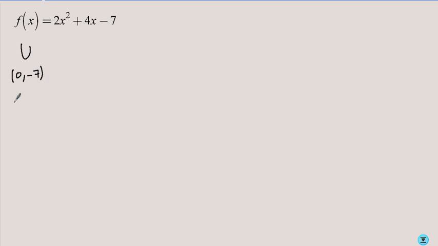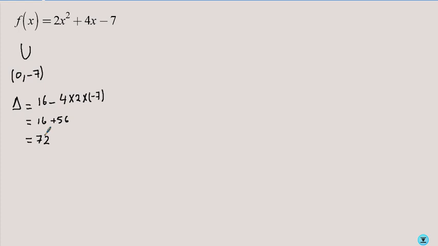We test for the discriminant, and this is b squared, which is 16, minus 4 times a, which is 2, times negative 7, and this gives us 16 plus 8 times 7 is 56, so this is 72. The discriminant is positive, so there will be two roots.